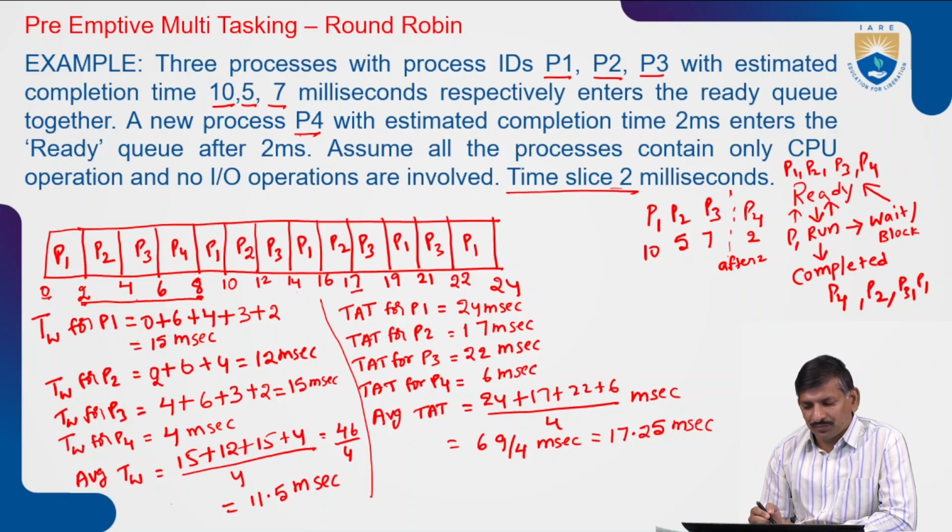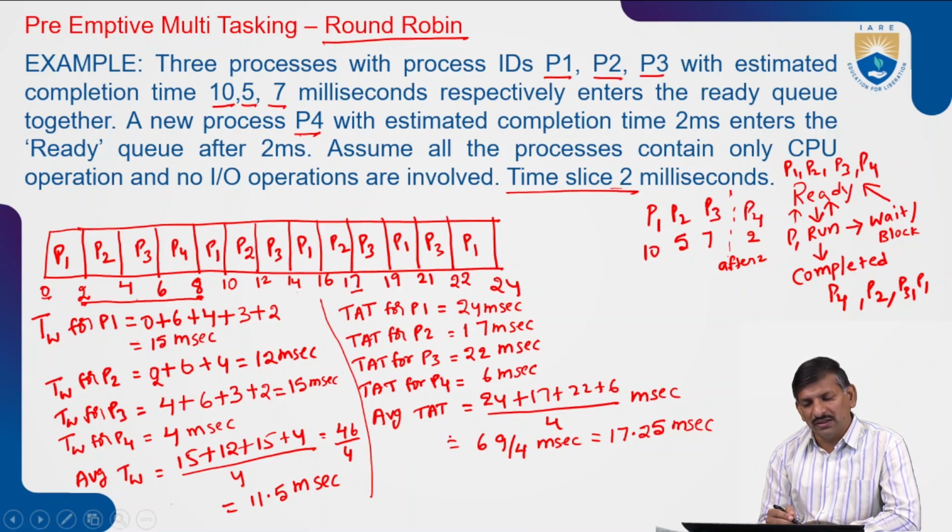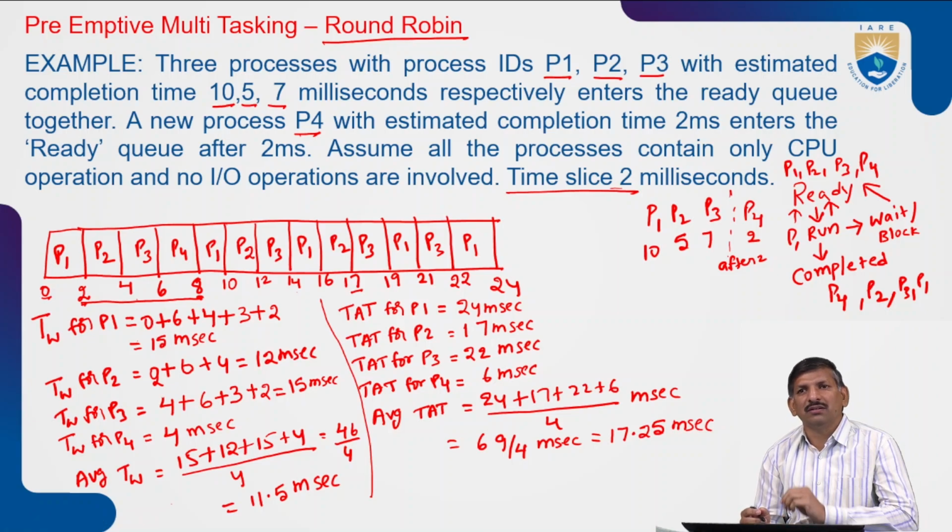milliseconds. So like this, by using the round robin scheduling algorithm, we can calculate the average waiting time and average turnaround time for each process for this requirement and check which one is best for this requirement.